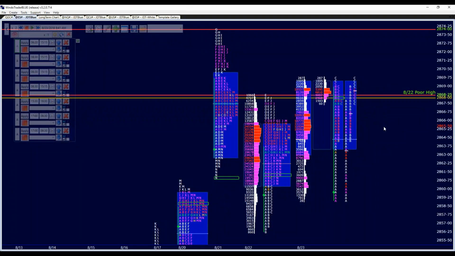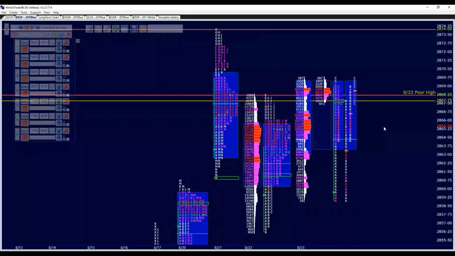Now, as we're watching this, let's talk about value for a while. In the first few lessons, we focused a lot on value. Remember, value is where 70% of a day's trade takes place.